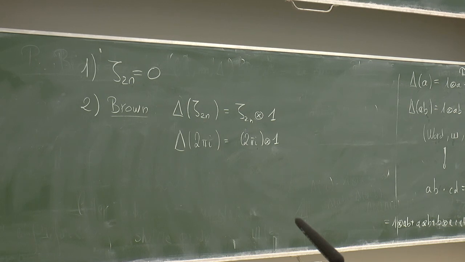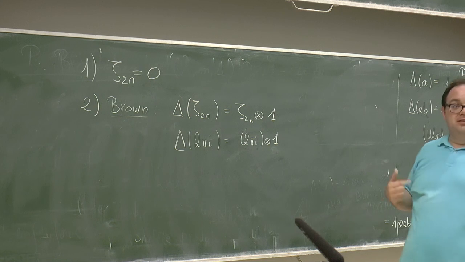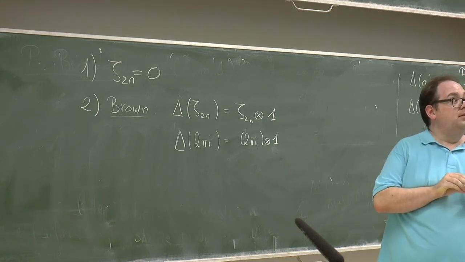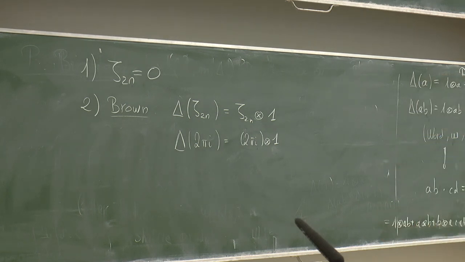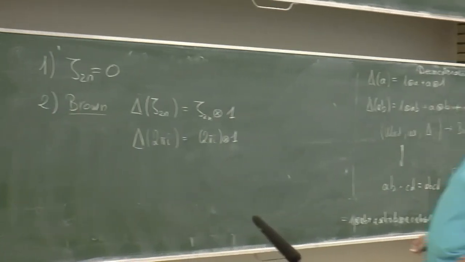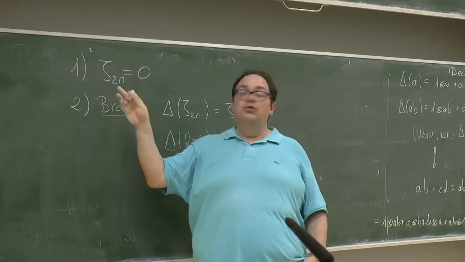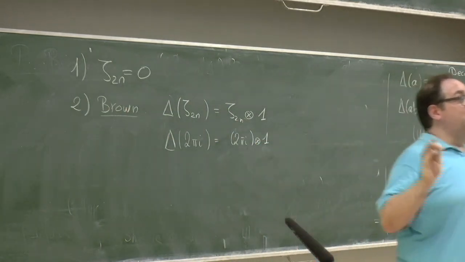So, the more correct way of saying things is what forms a Hopf algebra. It's actually not the polylogs, it's the polylogs modulo branch cuts in some sense. Yes? So are you saying the 1 and 2 are completely equivalent? No. They're not equivalent. This means you consider all polylogs modulo branch cuts.